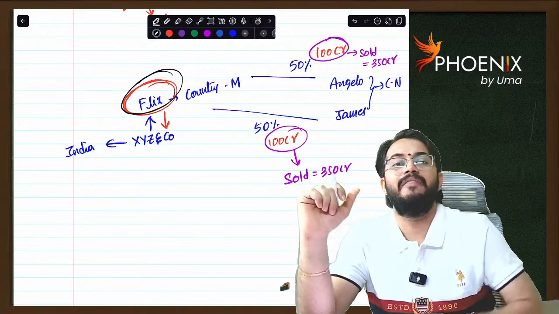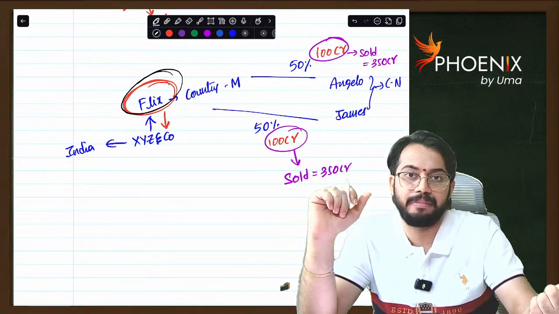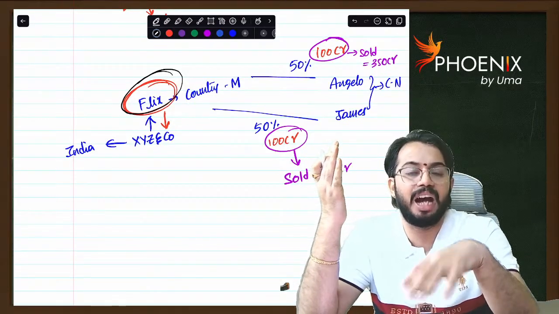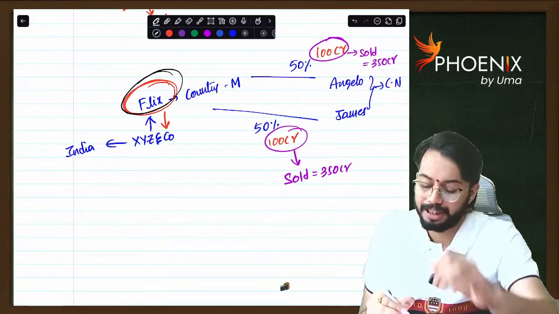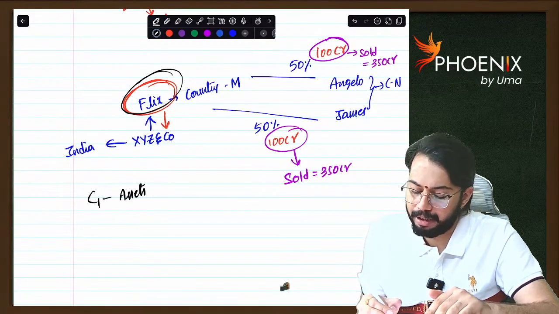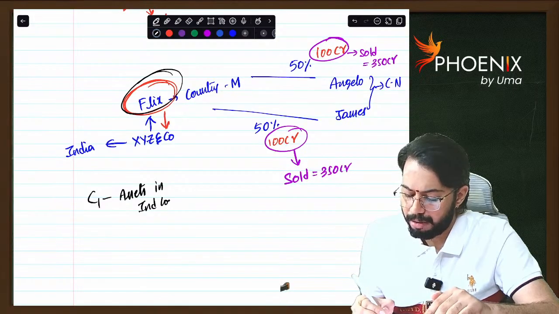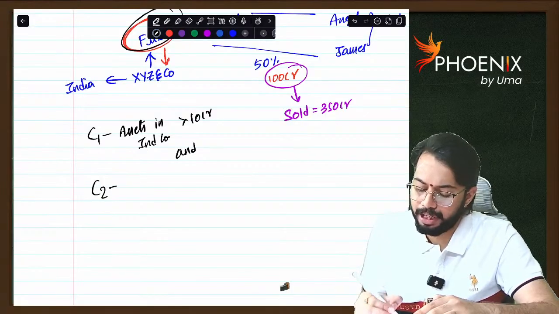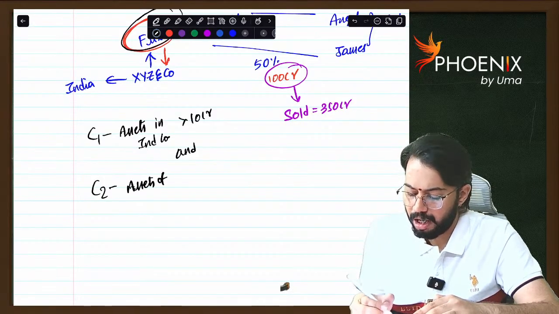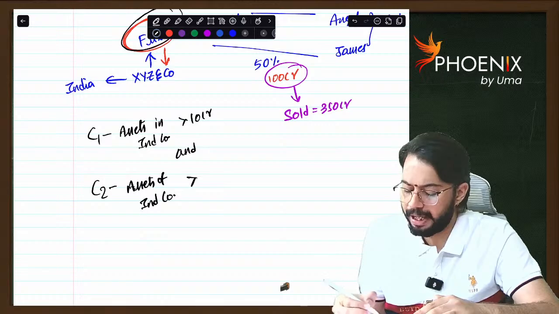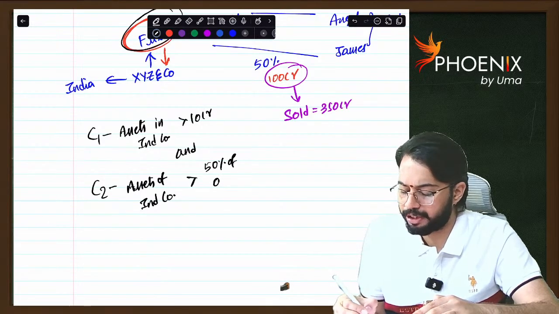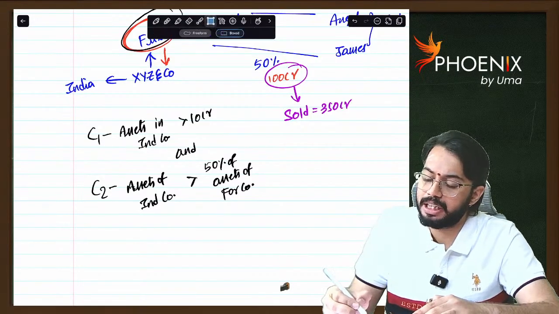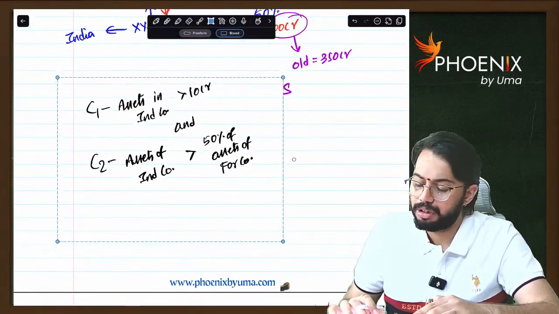The provision is whenever shares of foreign company are transferred, it will be deemed that the transfer of shares of foreign company is taxable in India if two conditions are satisfied. First condition, assets in Indian company should be more than 10 crores, and the assets of Indian company should be greater than 50% of assets of foreign company.